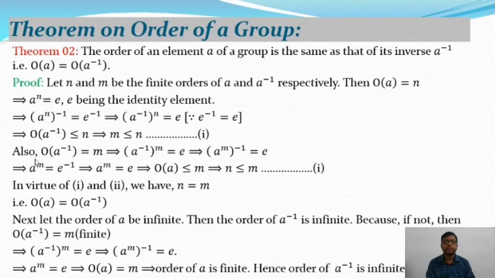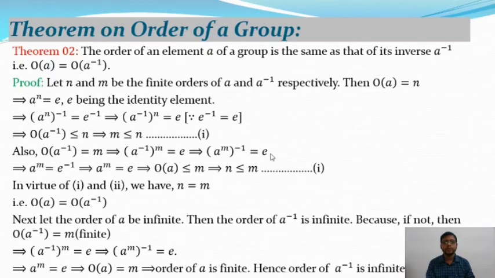So after that we will take order of a inverse is equal to m. Okay, so from this we get a inverse whole to the power m is equal to e. From the definition of order, we have a to the power minus 1 whole to the power m is equal to e. So this implies a to the power m whole to the power minus 1 is equal to e.